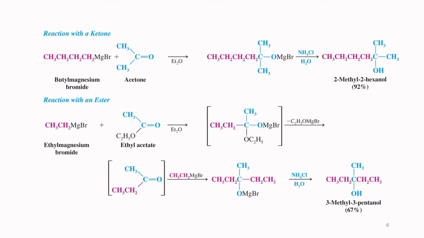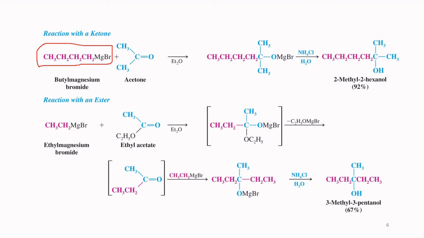And then we have a reaction with a ketone. For example here, we have butyl magnesium bromide. We are going to react this Grignard reagent with acetone, which is the ketone.